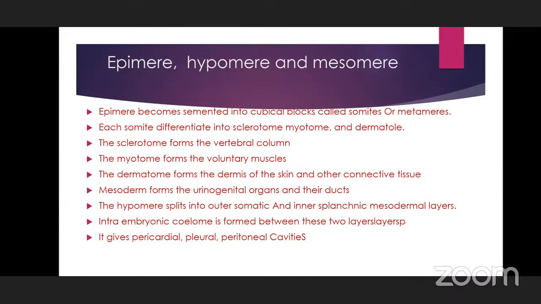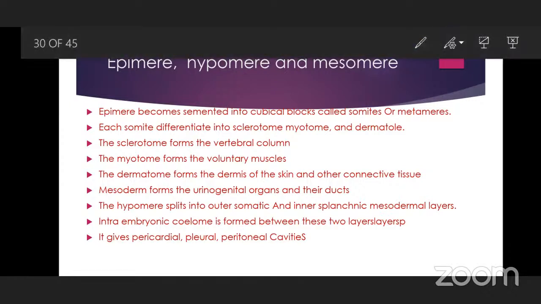Here we can see the epimere becomes segmented into cuboidal blocks called somites or metameres, and each somite differentiates into sclerotome, myotome, and dermatome. The sclerotome forms the vertebral column, the backbone of the body, which is a form of endoskeleton.